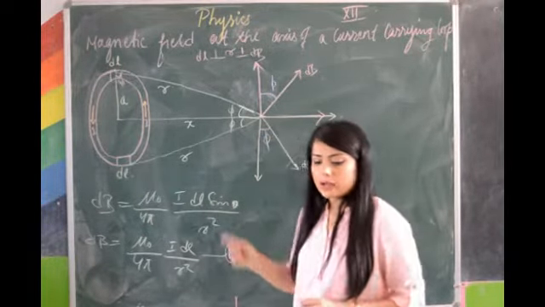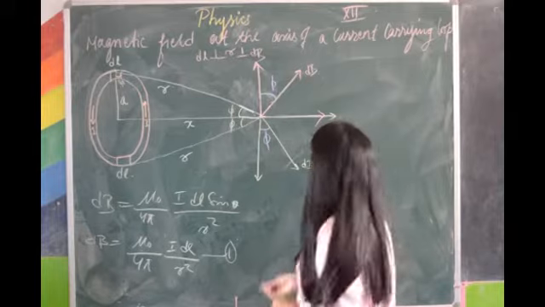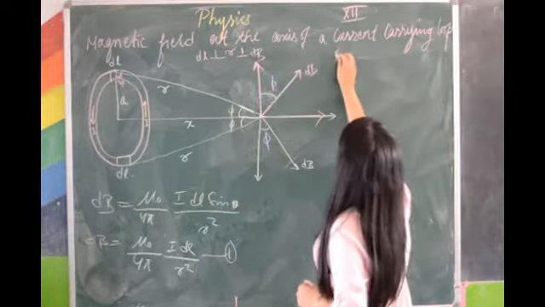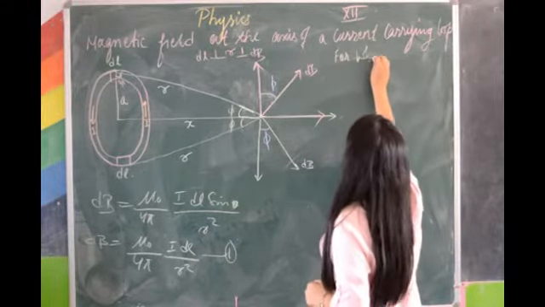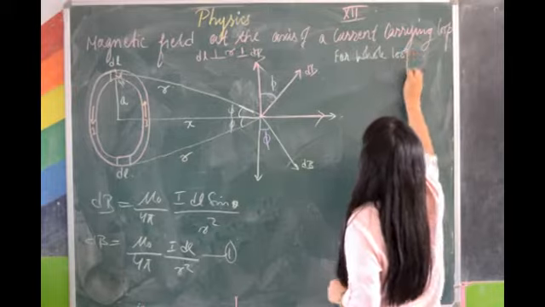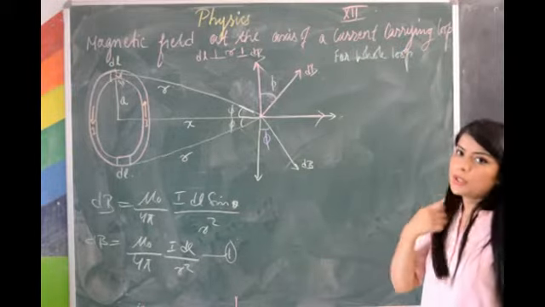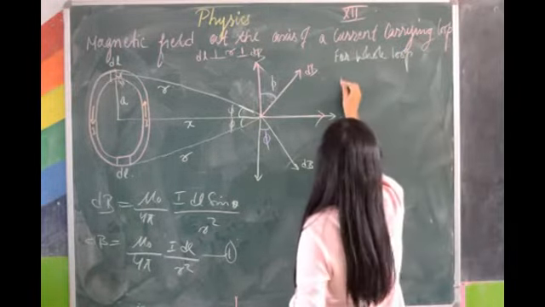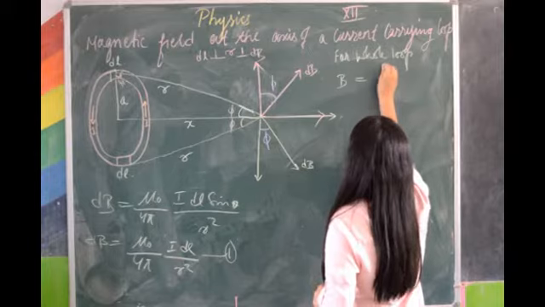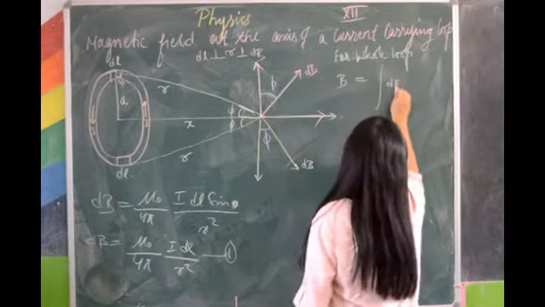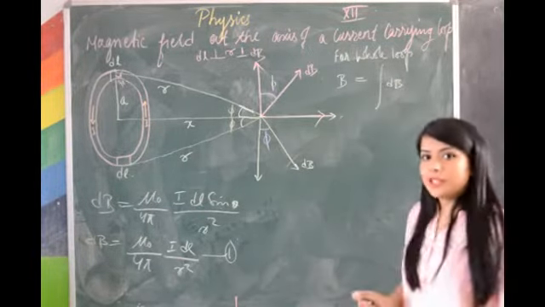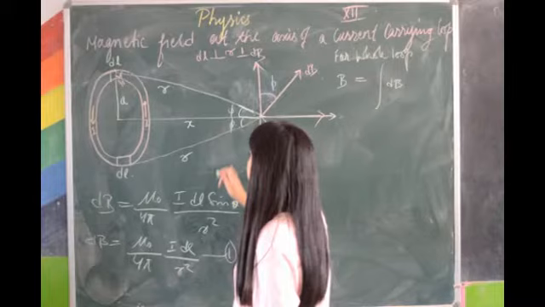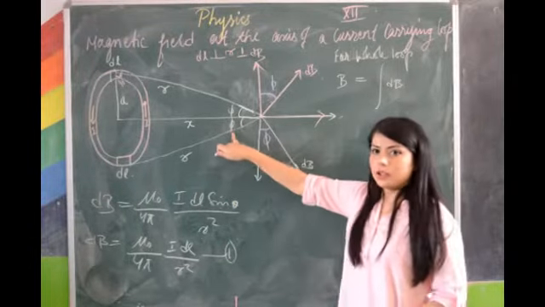Now for the entire loop, for the whole loop, what we do is we integrate. To find the magnetic field B, we integrate dB. Is it only dB that we integrate? No, we integrate it with the angle that is phi.